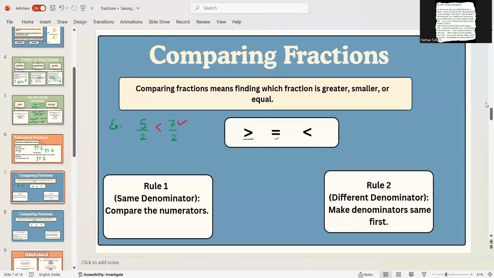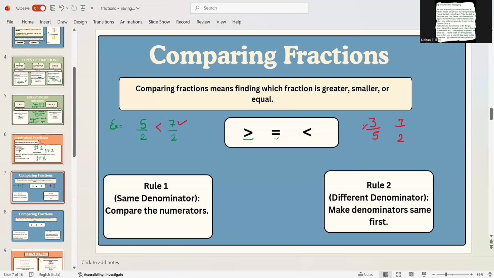Okay? The next one. Next rule is for the different denominators. Like if we have two denominators are different, like 3 upon 5 and 7 upon 2. In that case, we have to make the denominator same. How can we make the denominator same? We have to find a number in a table of 5 which comes in a table of 2 also.